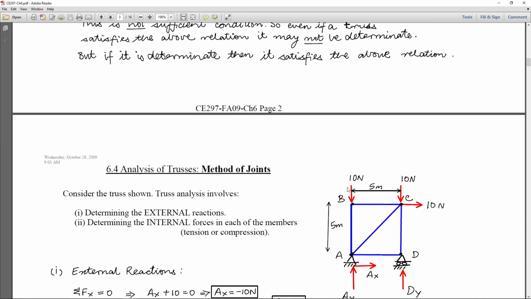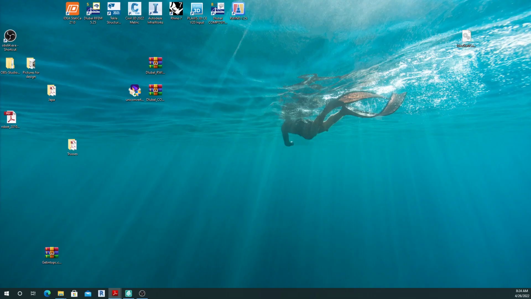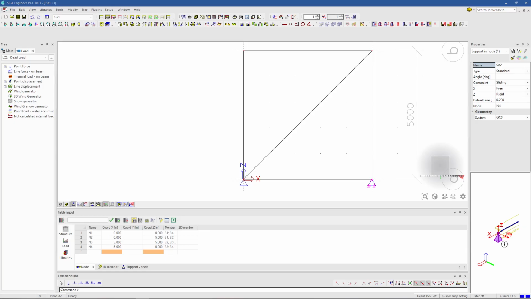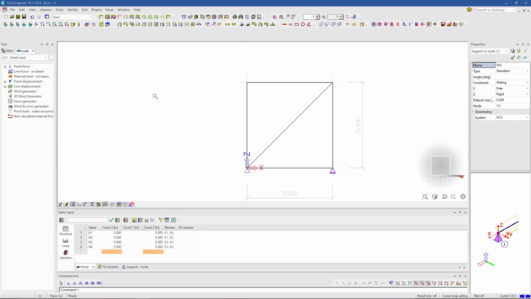So remember, trusses are loaded on their nodes, or it is assumed to be loaded on their nodes. So we'll load 10 Newton, 10 Newton. We head to dead load.